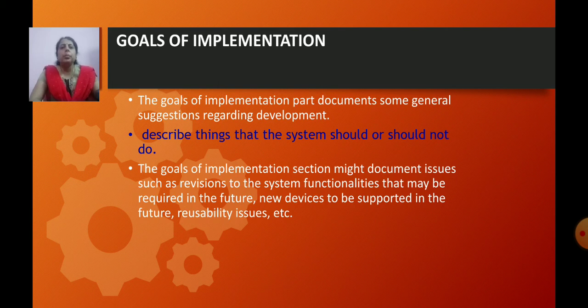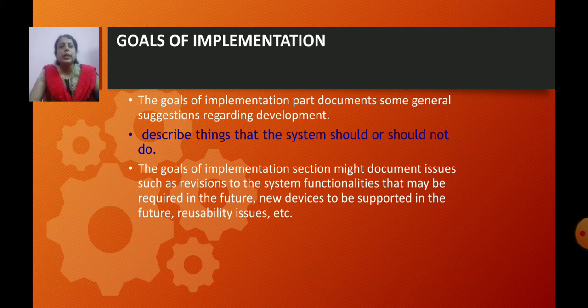The goal of implementation section might document issues such as revisions to the system functionality that may be required in the future, new devices to be supported in the future, reusability issues, etc. It means it might write down all the further enhancements, what can be developed in the future.